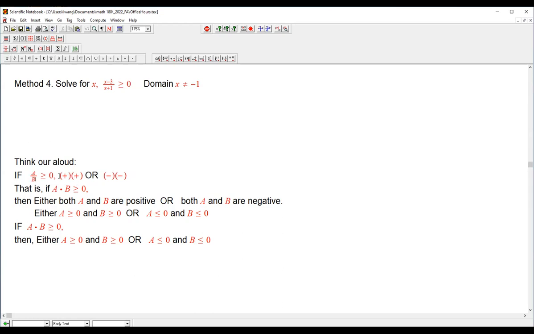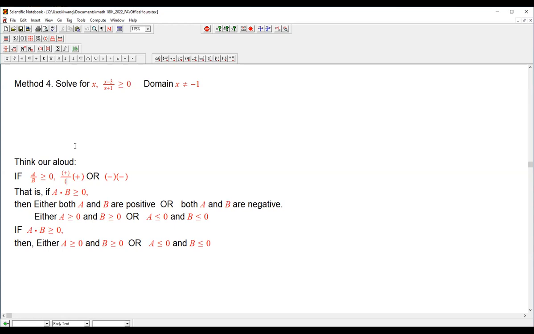And of course, we have to think of that, oh, we have to make sure the denominator is not 0. Right? And everything else is pretty much the same, right? And the denominator cannot be 0, which we already guaranteed, right? B cannot be 0. So there's an added layer of consideration.